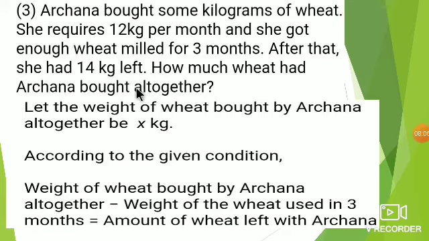How much wheat had Archana bought altogether? That we have to find out. According to the given condition, weight of the wheat bought by Archana altogether minus weight of the wheat used in 3 months, that is 36 kilogram, is equal to the amount of wheat left with Archana, that is 14 kilogram.